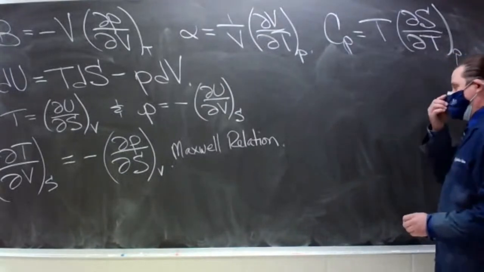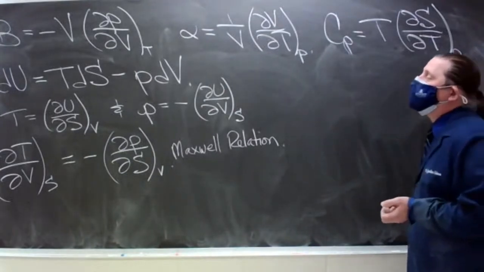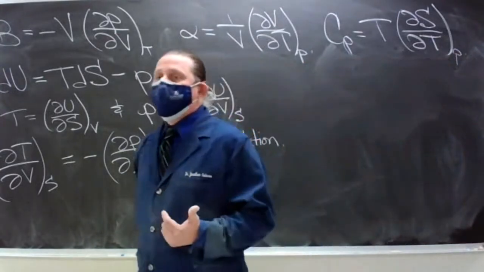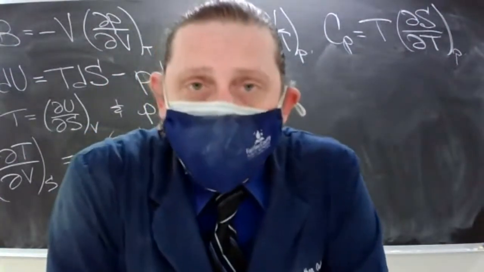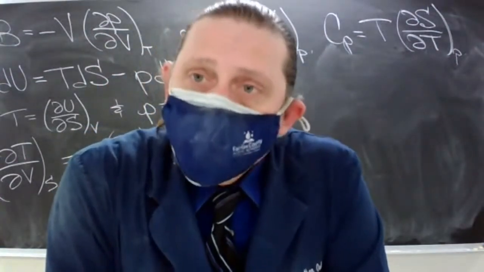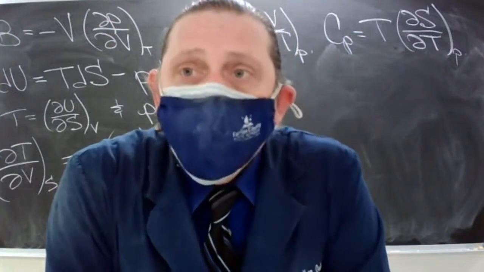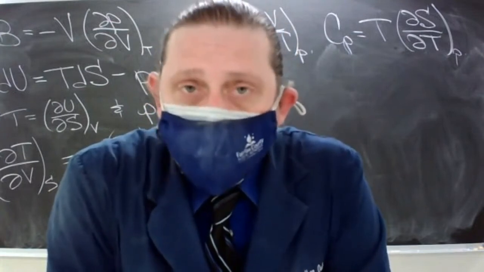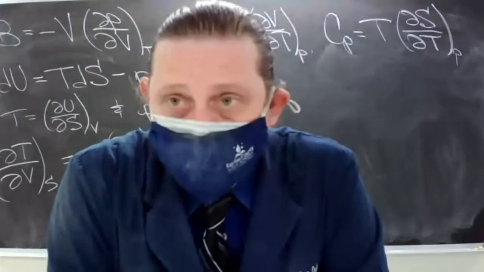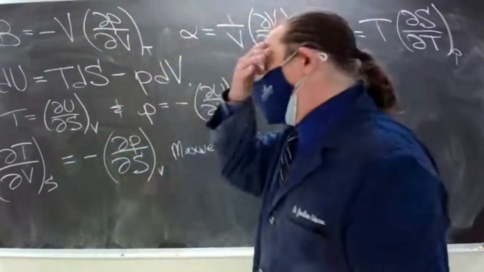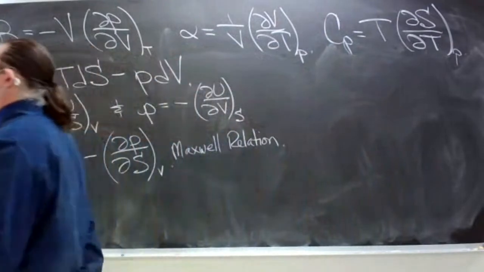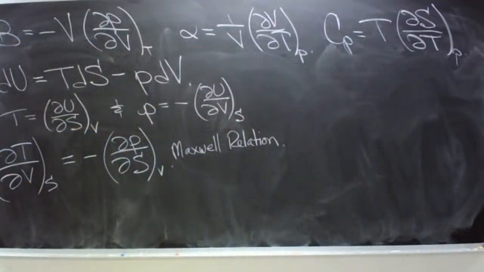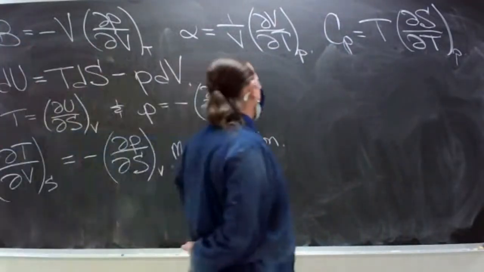Well, it turns out that we can define other thermodynamic potentials. You've already seen some of this in your chemistry classes. So let's take a couple of minutes to talk philosophically about what this statement means here.